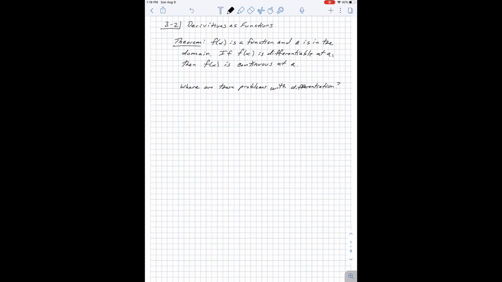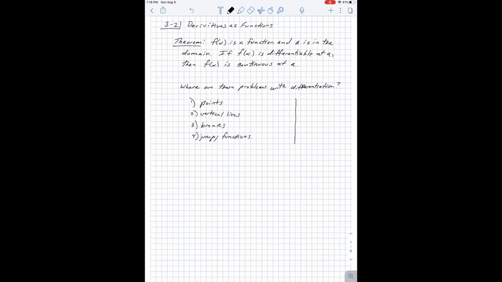Well, this is not mathematical language, but the problems that we have are at points, pointy places, at vertical lines, and at breaks, and what I call jumpy functions. Okay, so let's draw pictures.